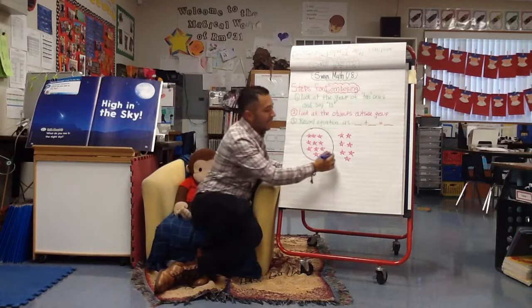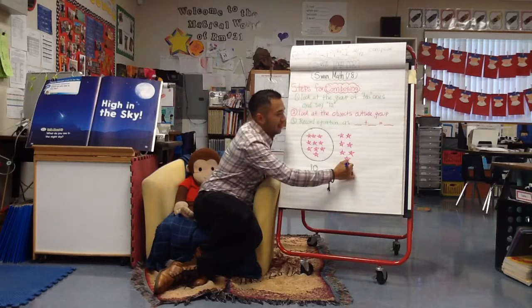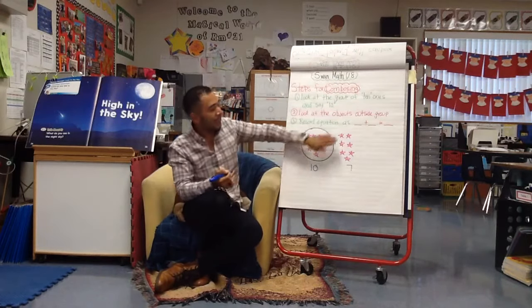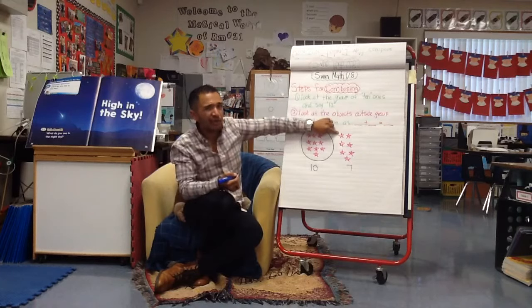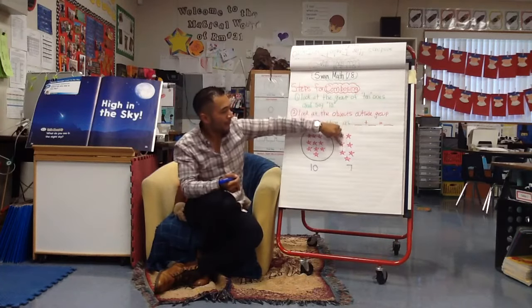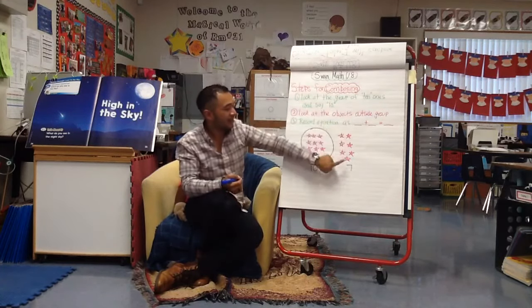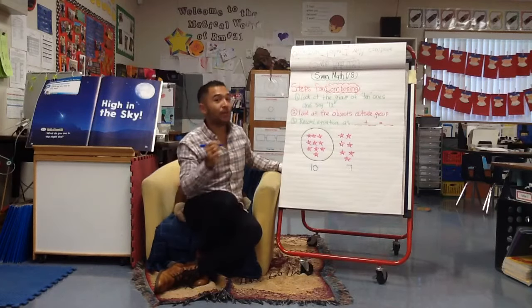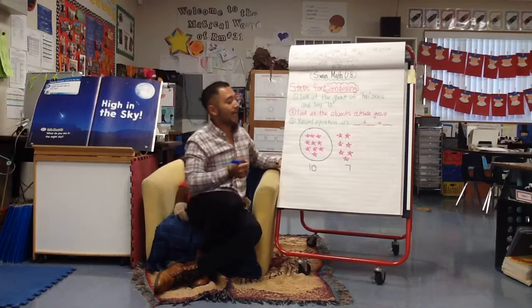Then I am going to write a 7 over here to help me remember that I counted 7 objects. Let me double check that real quick. 1, 2, 3, 4, 5, 6, 7. Yes, it makes sense.